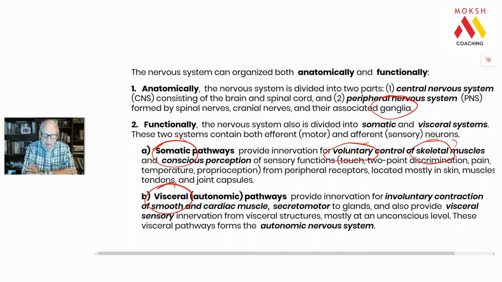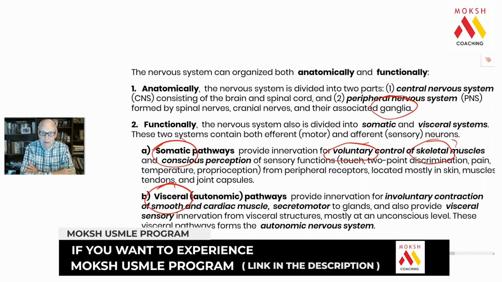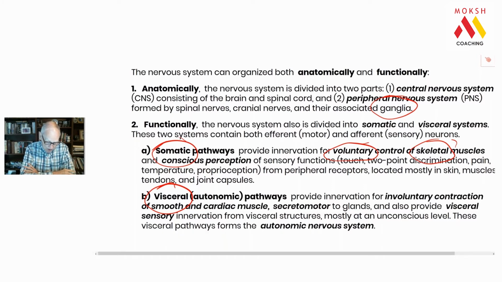This is the visceral system, visceral pathways, visceral circuits, because these are the ones that are below conscious level. For the most part, they're outside of your realm of consciousness. They're going on 24/7, so to speak, and you don't have any conscious control over those. So notice this is the critical system we are going to expand on now, the autonomic.